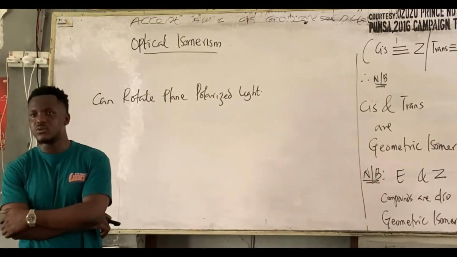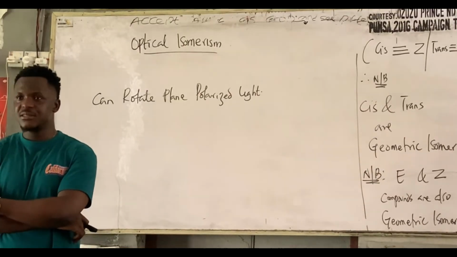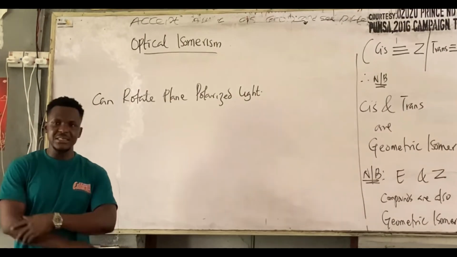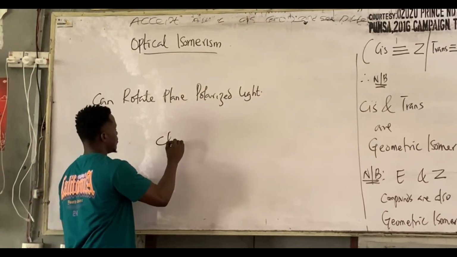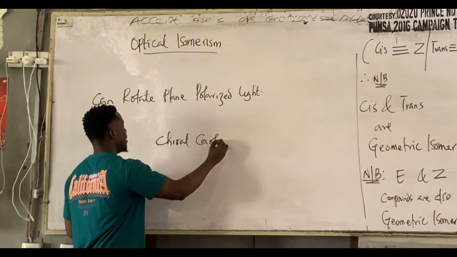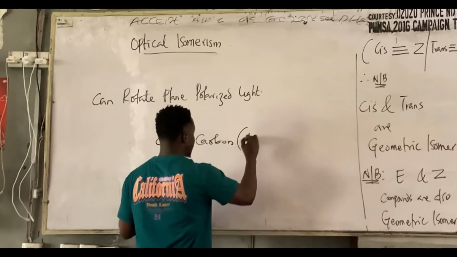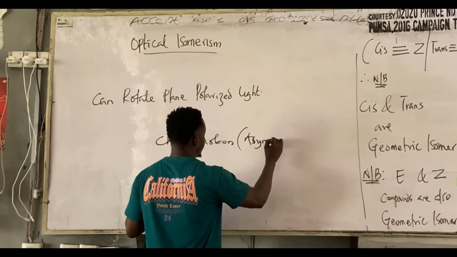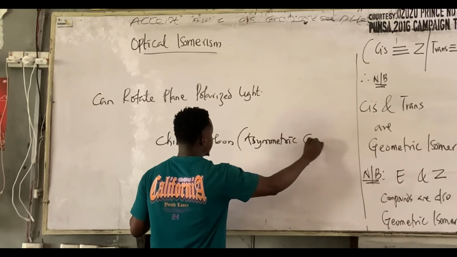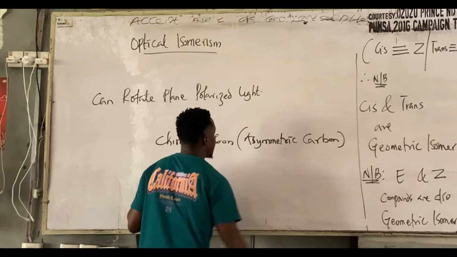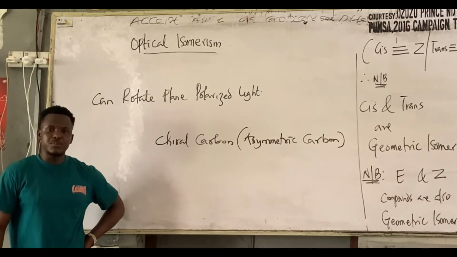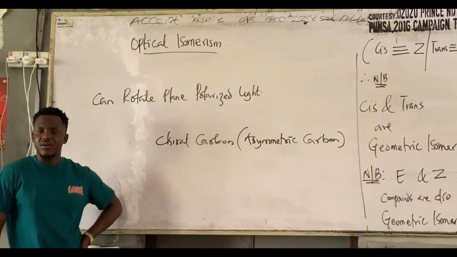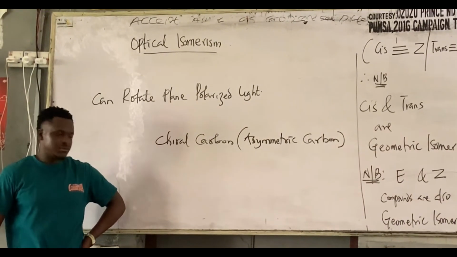For a compound to rotate plane polarized light, they must possess at least one chiral carbon, in brackets, asymmetric carbon.